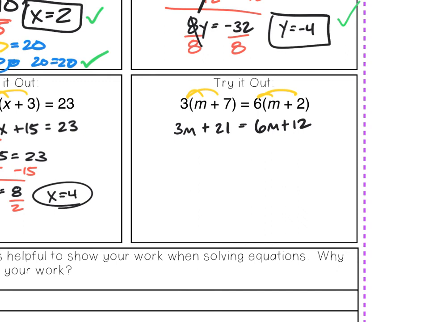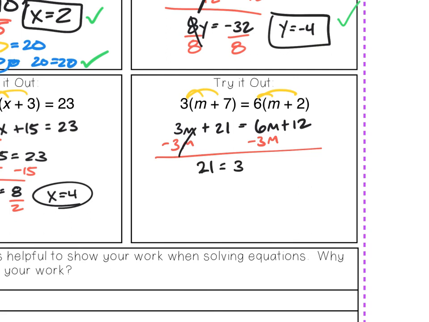Now, what I told you is I always like to keep my variables positive. So here I've got a 3m and a 6m. Well, if I subtract the 6m over, I would end up with a negative in front. Just my personal preference. So for this, I would actually subtract 3m from both sides. It's just what I like to do, but you can do it either way. You would still get the same answer.